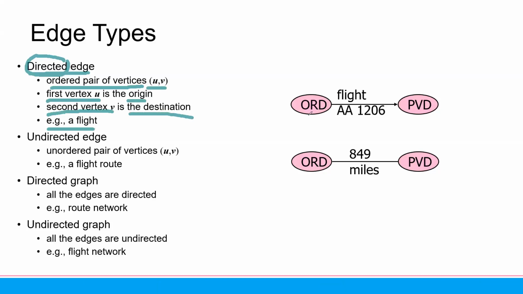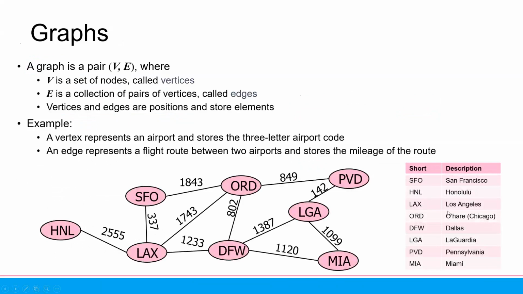Then let's say this is the flight from ORD to PVD. What is ORD to PVD? Now, we have a flight from ORD, from Chicago to PVD, to Pennsylvania. So we have ORD to PVD because there is a link.